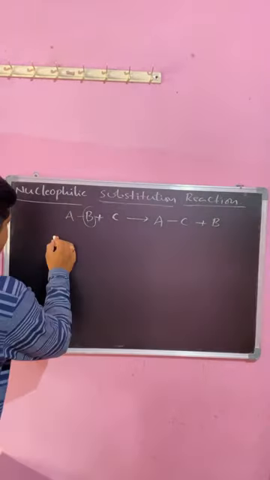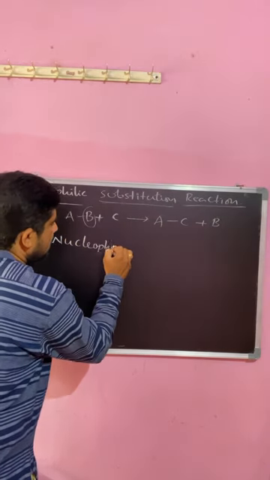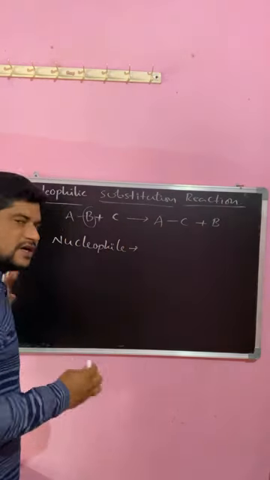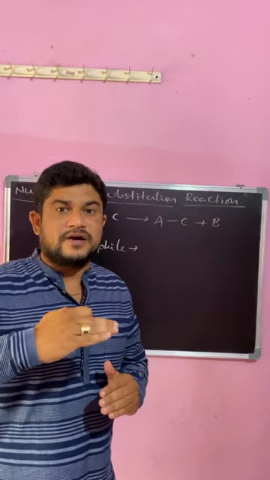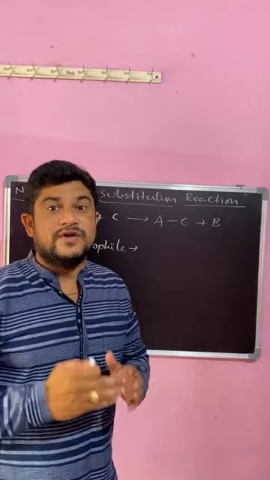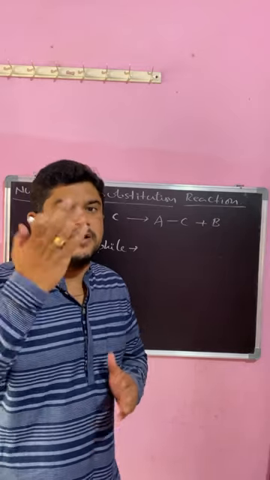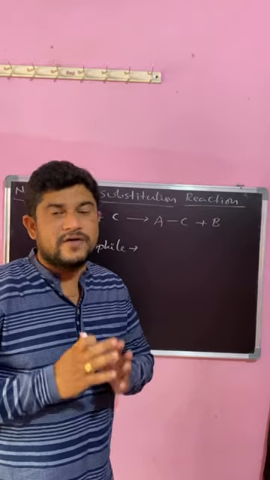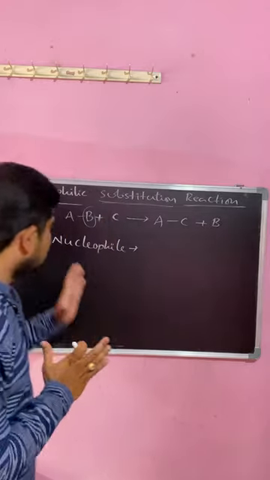A nucleophile is an electron rich species, which contains a surplus number of electrons, more electron pairs, which can donate electron pairs, which have lone pairs of electrons. Those species are called nucleophiles.